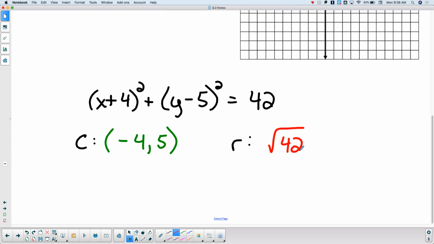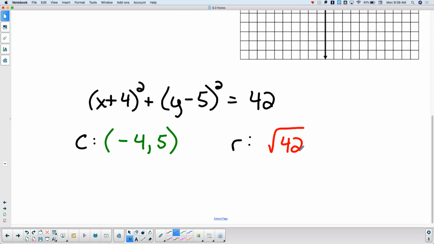Can the square root of 42 be simplified at all? Is there a perfect square factor that goes into 42? 1 does, 3 does, 6 does, 7 does, 14 does, 21 does, 2 does, and 42. So are any of those perfect squares?